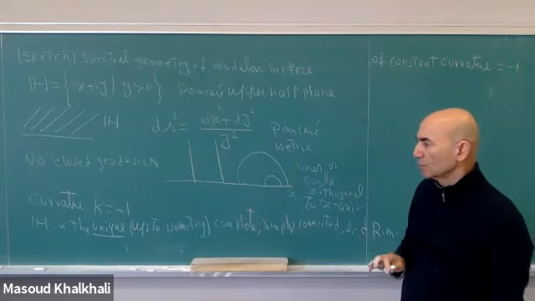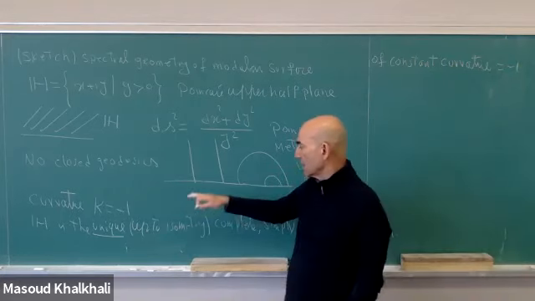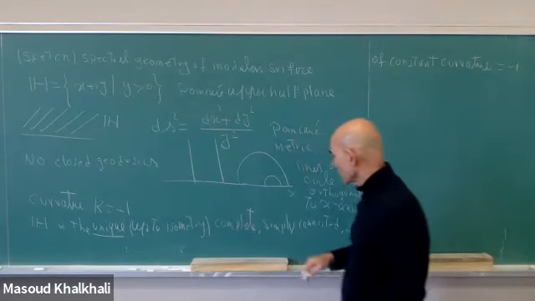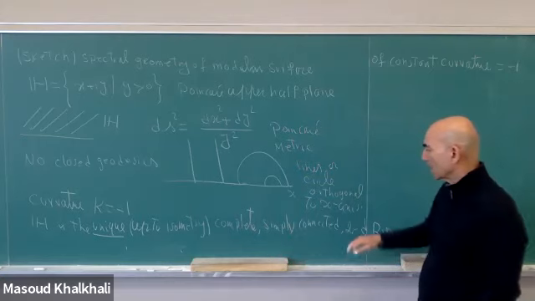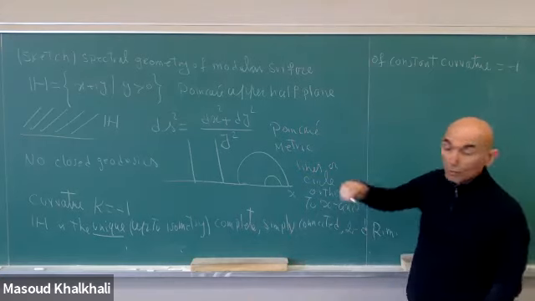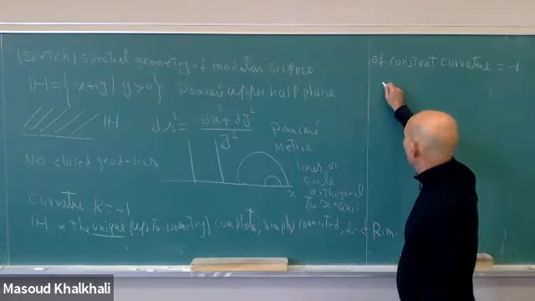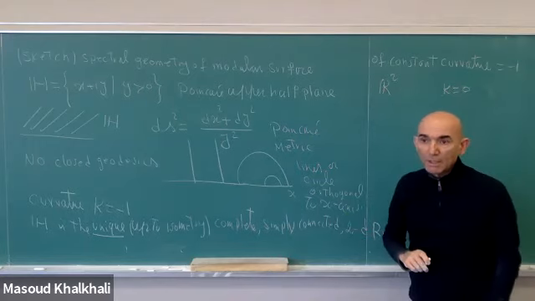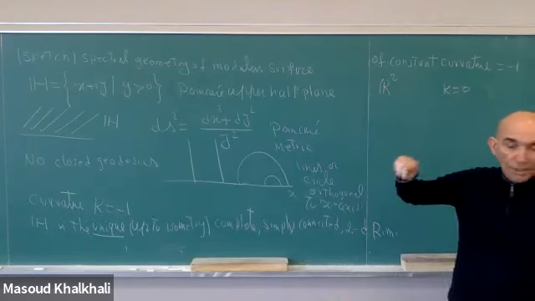So you see, in dimension 2, constant curvature spaces which are complete, simply connected, and of constant curvature, there are 3 of them, right? One of them is, of course, R2, where curvature is equal to 0. The other one is S2, where curvature is 1.